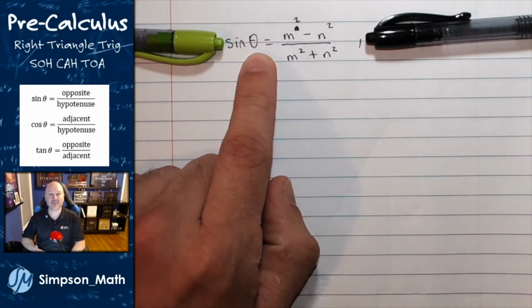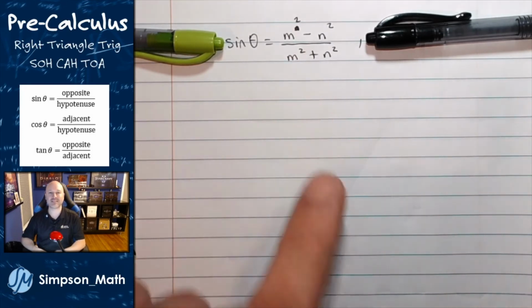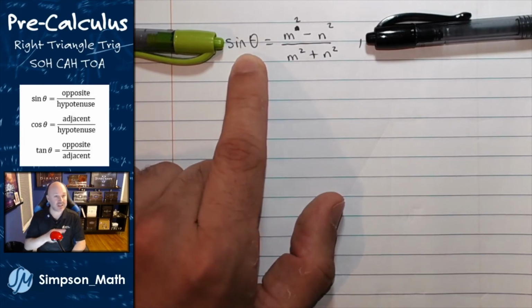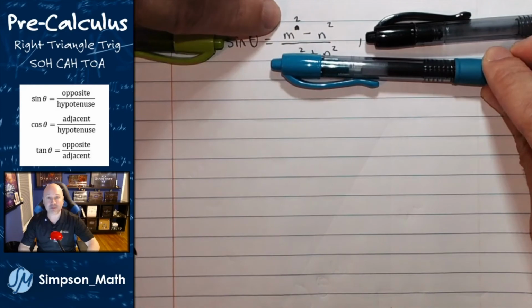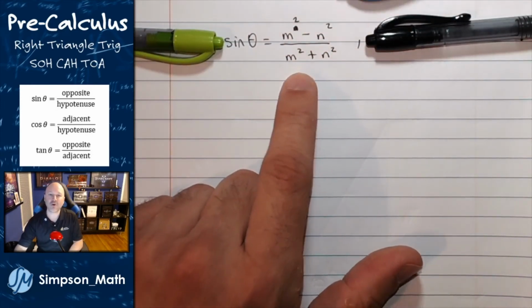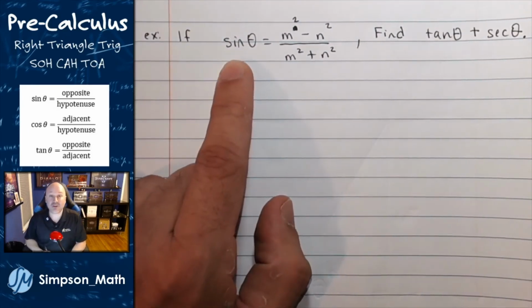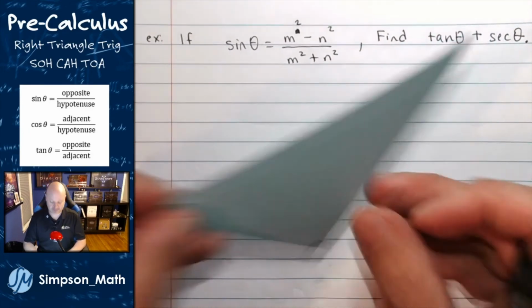Sine of an angle is this ratio. Don't let the m's and n's scare you just yet. Remember, sine is just the opposite over the hypotenuse. So I'm looking at the opposite and I'm looking at the hypotenuse. SOHCAHTOA. So again, someone says trig function, you should instantly start thinking about right triangles.